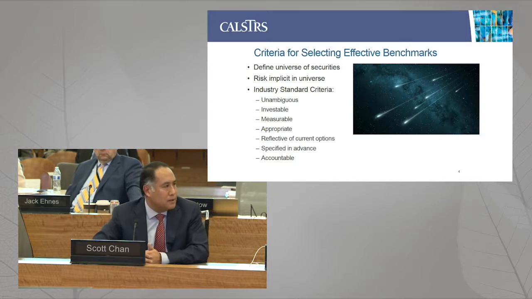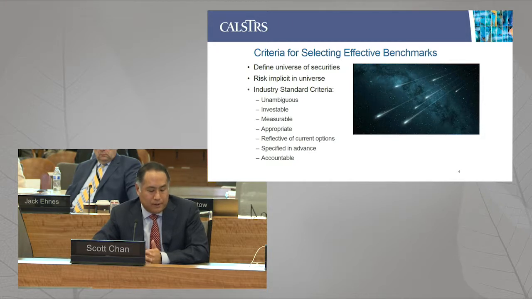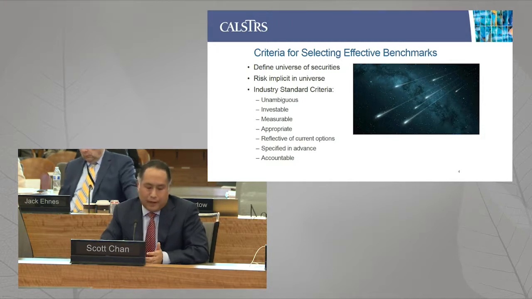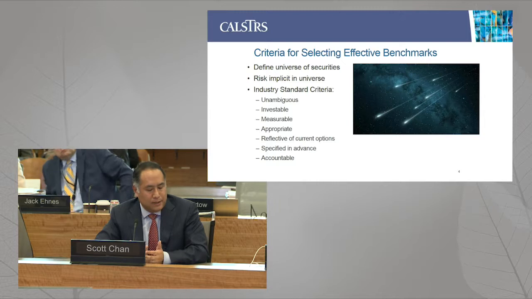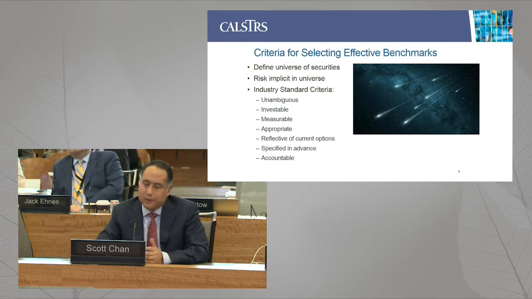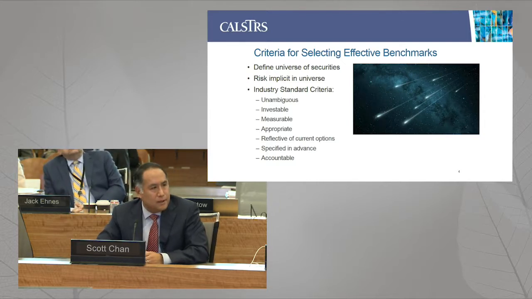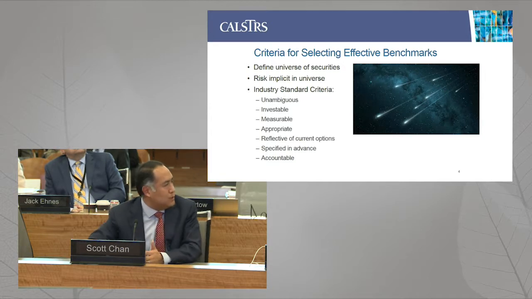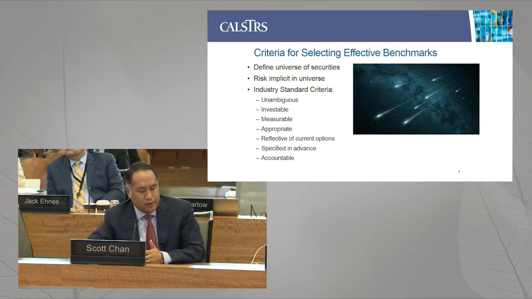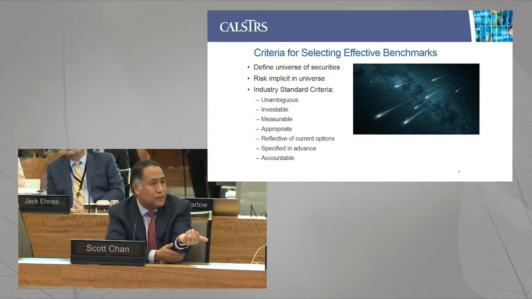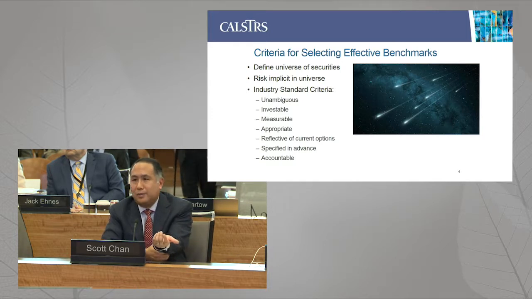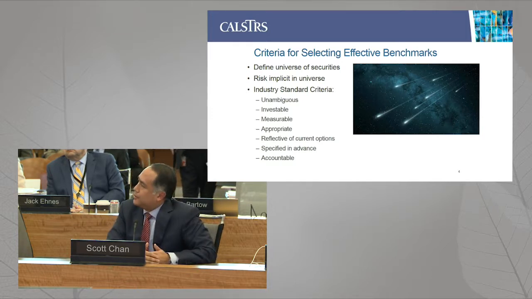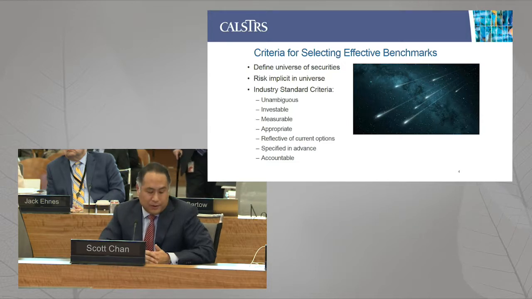Performance can be clearly measured at distinct intervals. It's appropriate. It's consistent with the manager's style or area of expertise. And it's reflective. It represents the market of the asset class. It's specified in advance, so we can construct it before the evaluation period. And accountable. We hold managers accountable, so they should understand these benchmarks and be held accountable to them.